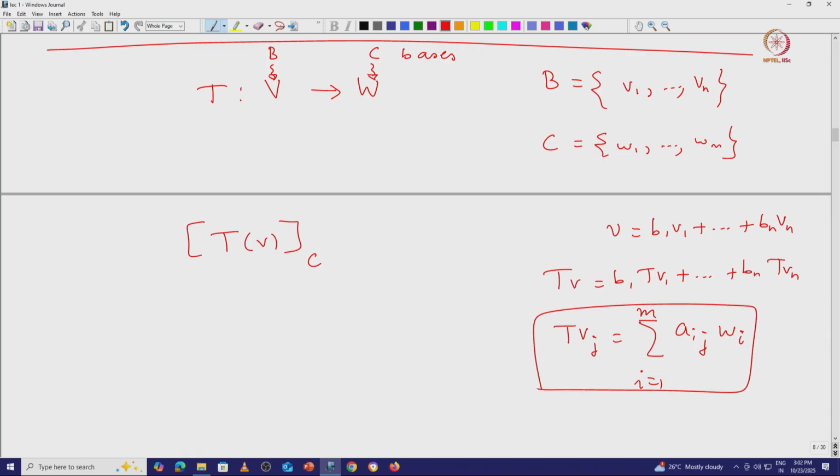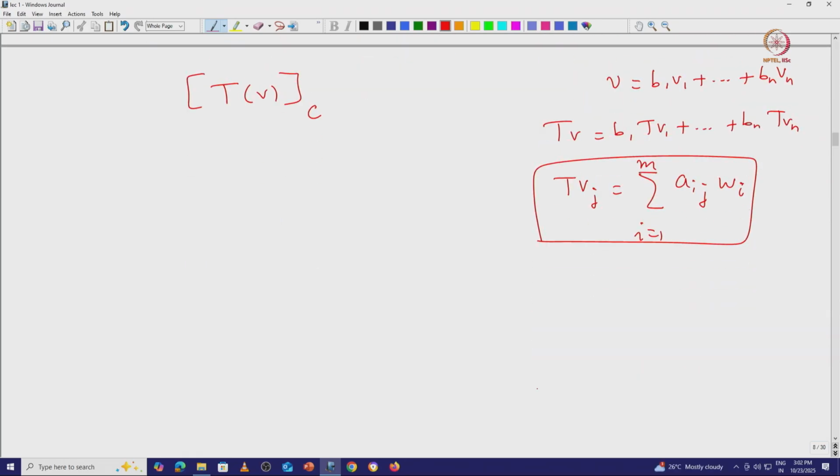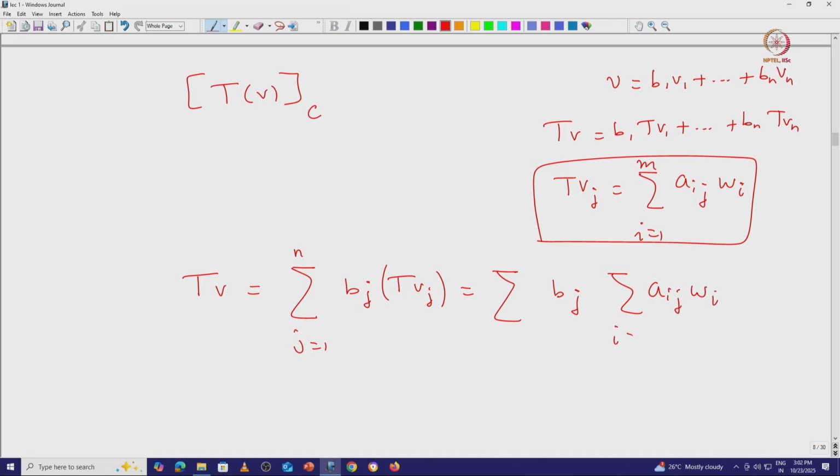If we use this, then it is clear that Tv is equal to the summation of bj Tvj, j ranging from 1 to n, which is equal to the summation of bj times the summation of aij wi, i from 1 to m, j from 1 to n.